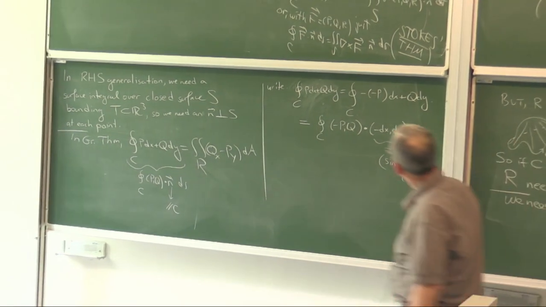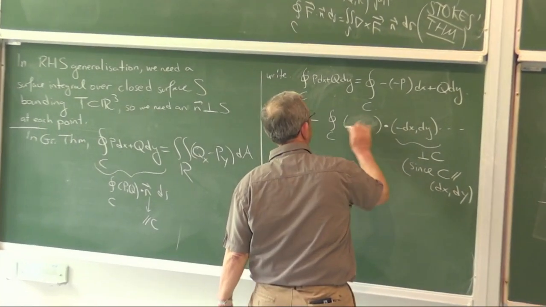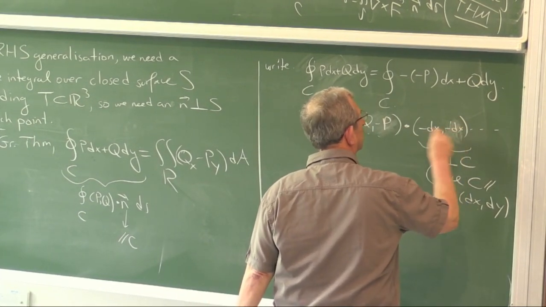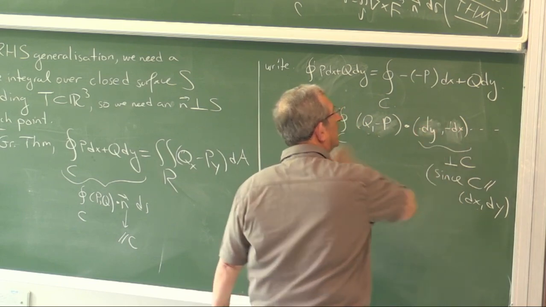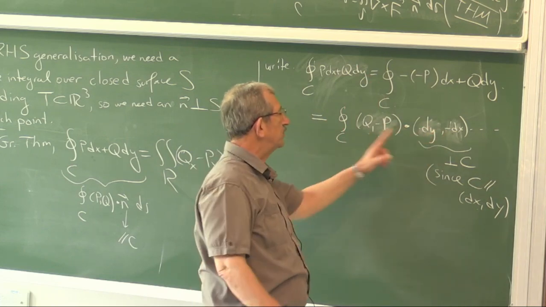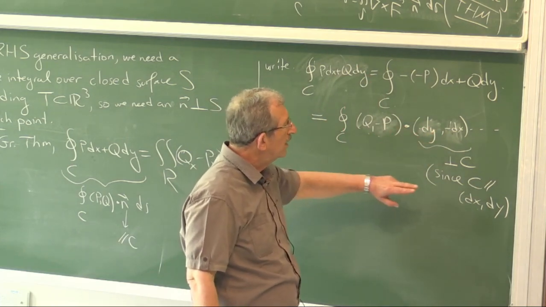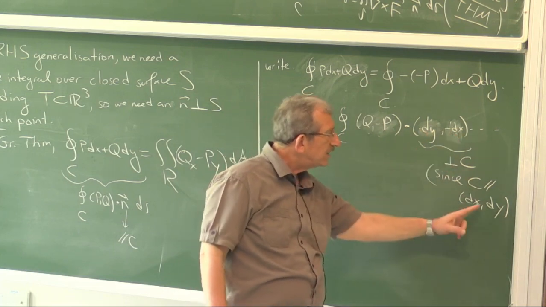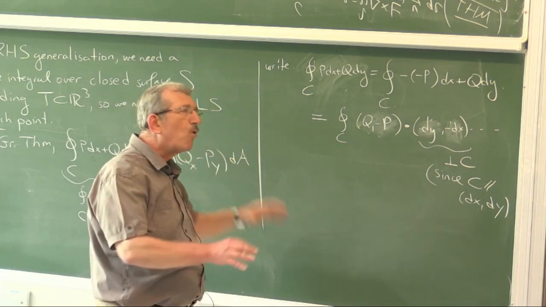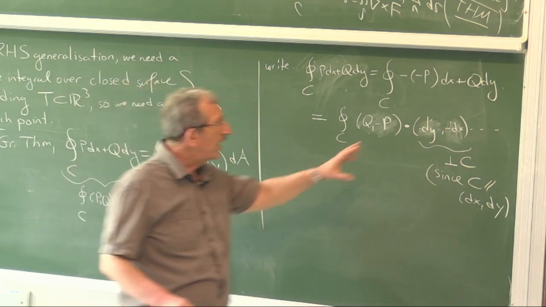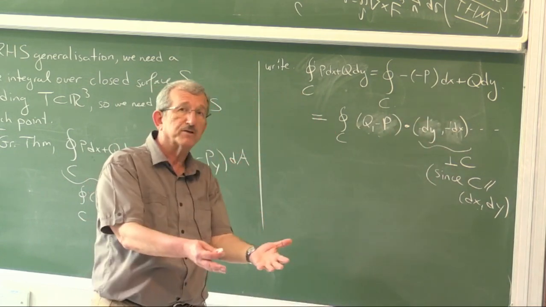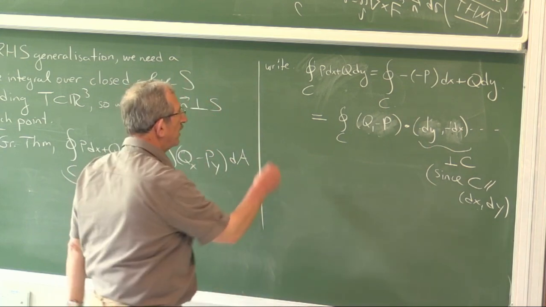Yes, Q minus P is a better argument. And that makes me minus dx and dy here. Right, now it's correct. So I changed nothing actually. This is P dx plus Q dy. It's a dot product. But now dy minus dx is perpendicular to this one. Take the dot product, you see it is 0. So it is in the form of a surface integral. I have a normal vector to C, but C will be a surface in a minute. So generalize.